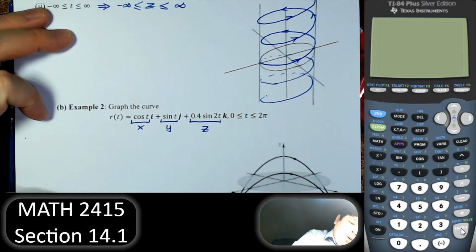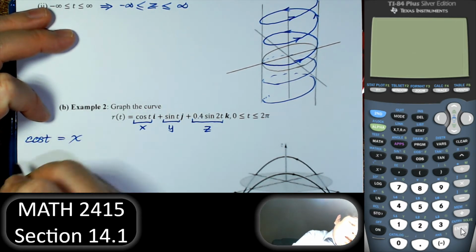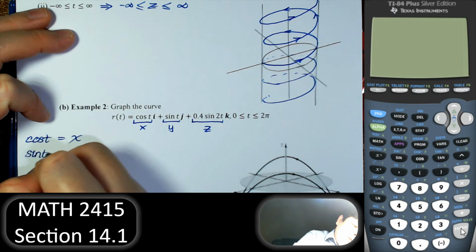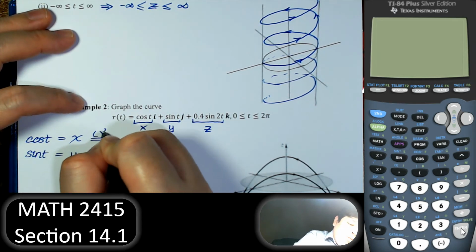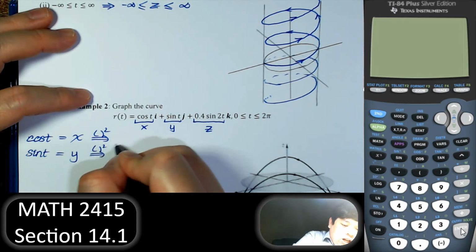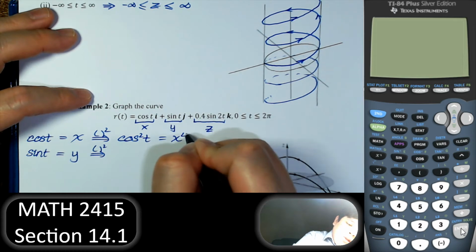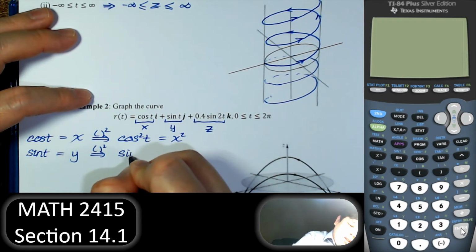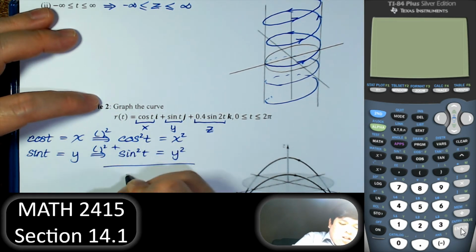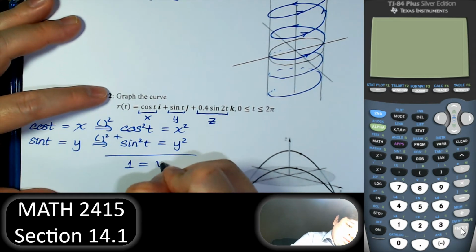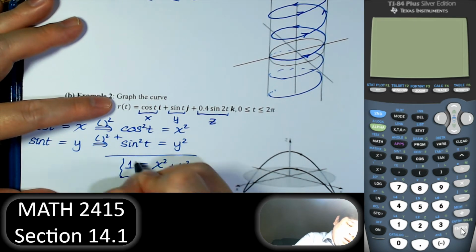We let cosine equal x and sine equal y. Since we have cosine and sine, let's square both sides, because cosine squared plus sine squared is equal to 1. This is a typical technique. So once again, we have a circle.